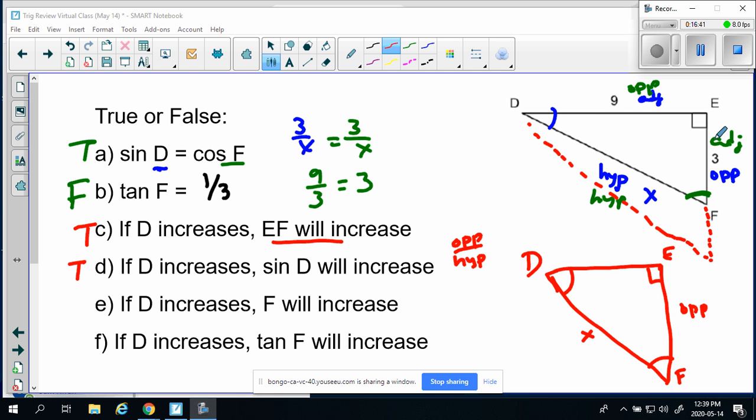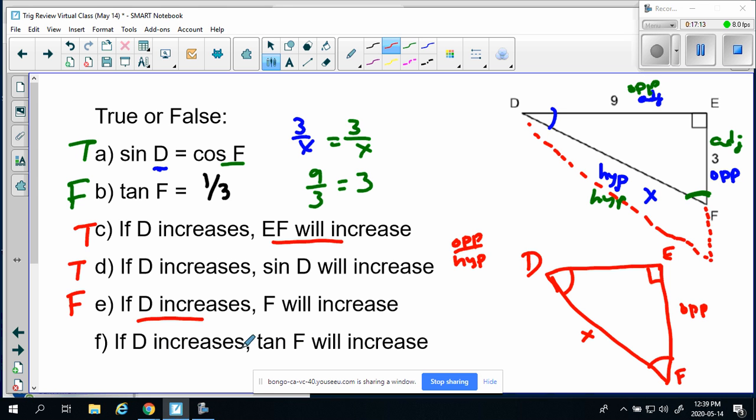So if this angle stays the same, but you have given more angle to angle D, you actually have to take it away from angle F. Otherwise, the three angles won't add up to 180 and it won't be a perfect triangle. So even though I haven't drawn this very well and it looks like F may have increased, if you increase D, that comes out of your angle budget. You only have an angle budget of 180 degrees and 90 of them are already taken. So if you're going to increase this, you better decrease F. So this is false.